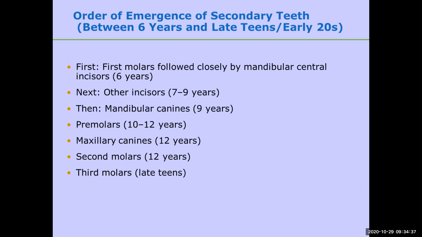So the order of emergence of the permanent teeth, secondary teeth: they start usually at about 6 years of age, hence the 6-year molars, and go into the late teens to early 20s for the wisdom teeth. So the first permanent teeth that start to erupt are generally the first molars.